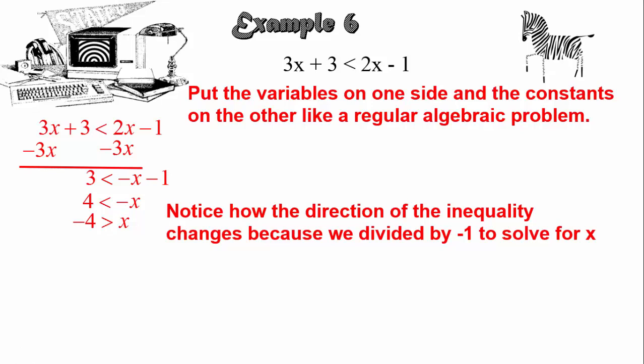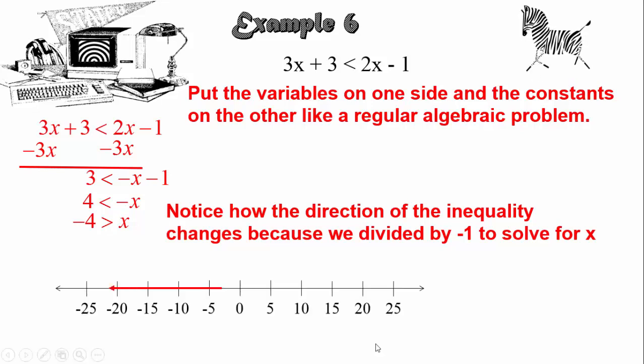We graph this as follows. Here we have the x on the tip of the arrow here. So that means it's going to get smaller and smaller and approach negative infinity. And since we do not have the little line here, meaning that does not include the equality, that means negative 4 is not included, so we have to make this a round bracket.